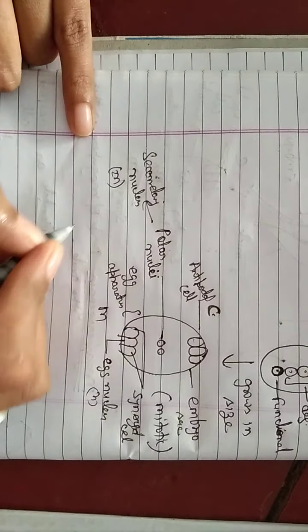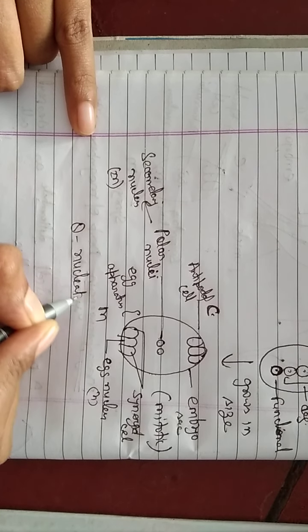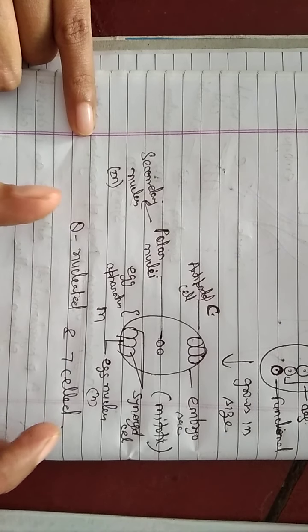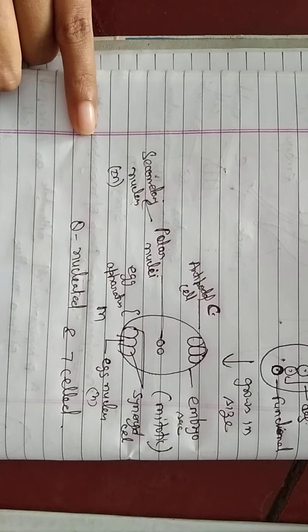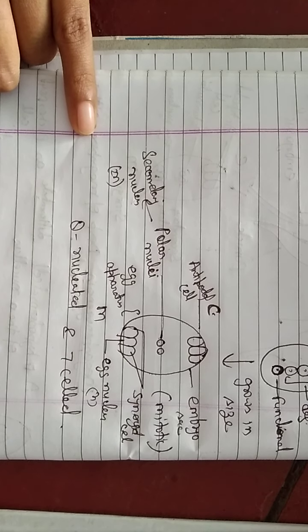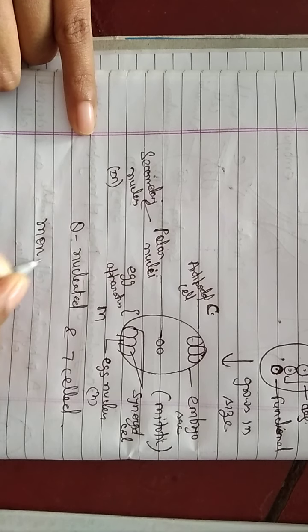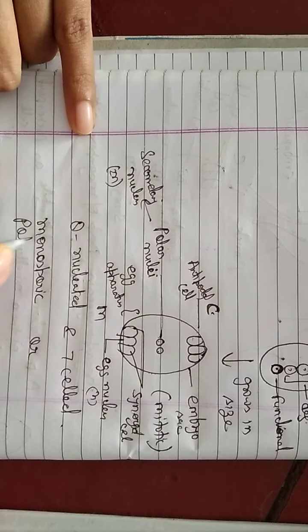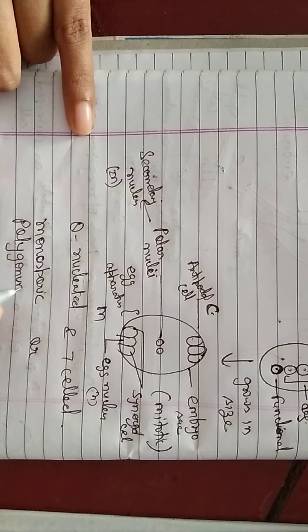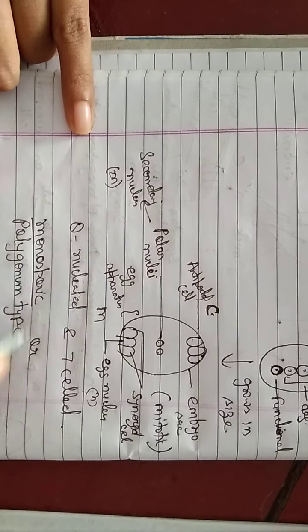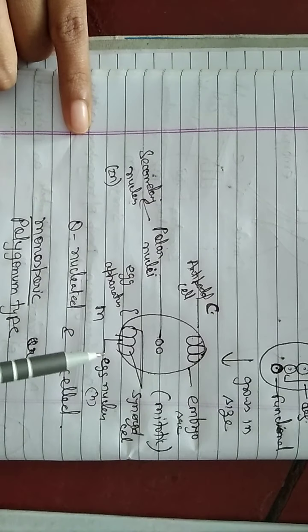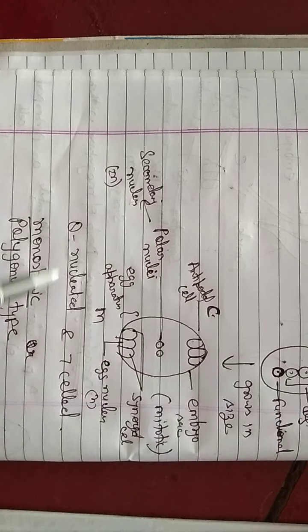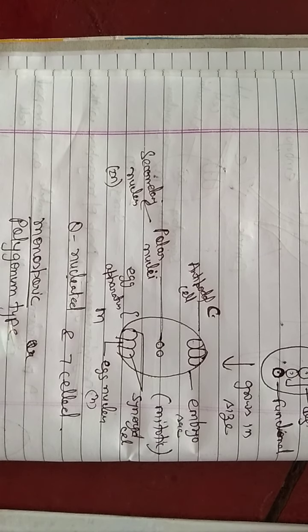This stage is 8 nucleated and 7 celled. This type of embryo sac is known as monosporic, or polygonum type. Monosporic, because only one megaspore develops and forms the embryo sac, the whole female gametophyte structure. Since it is 8 nucleated and 7 celled, it is known as the polygonum type.